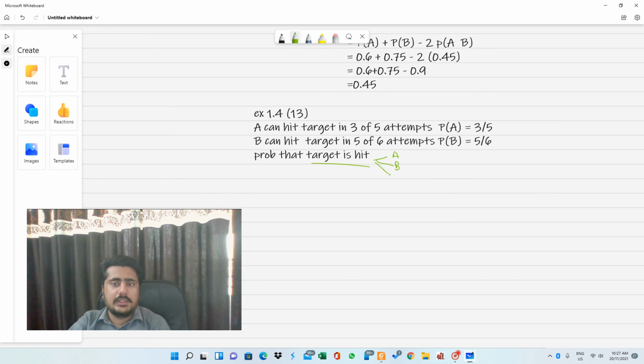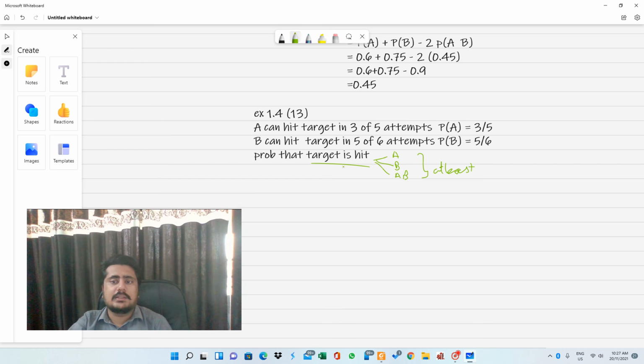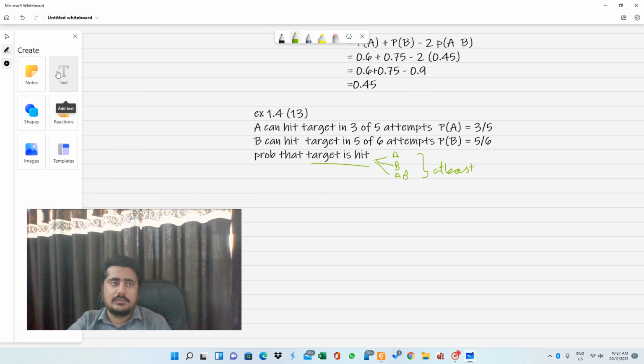If both A and B are hitting the target, the target is hit. So I can say they are asking me that at least one hits the target. This at least one means they are asking me the union.